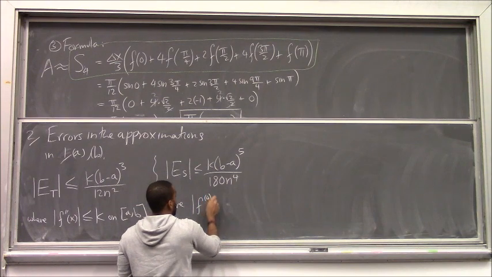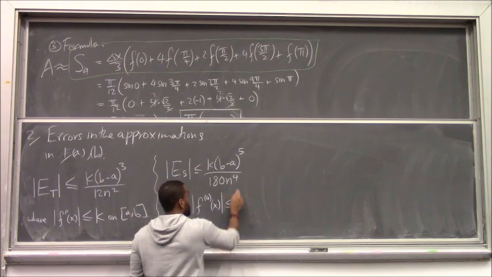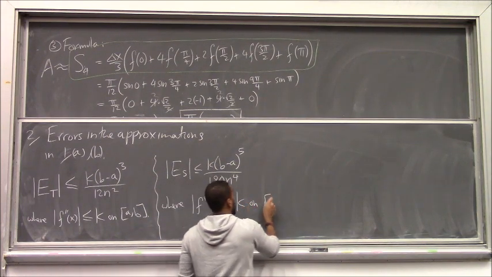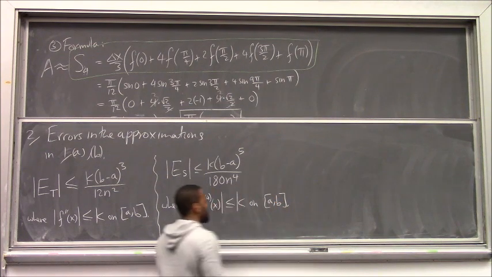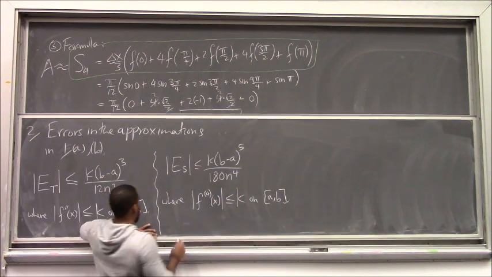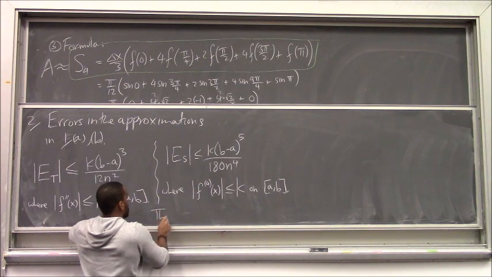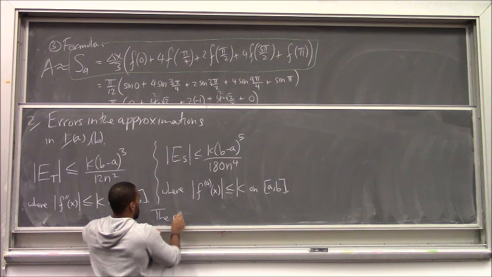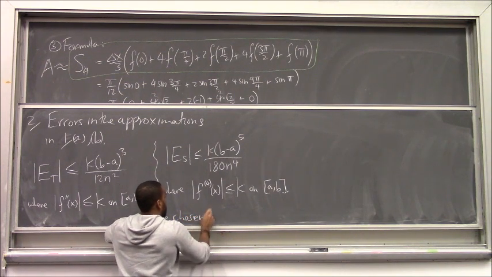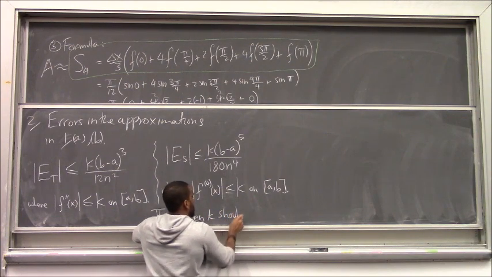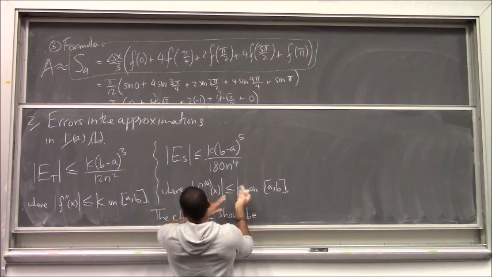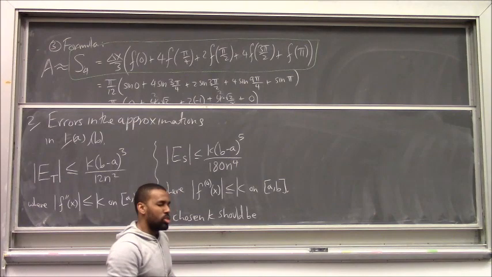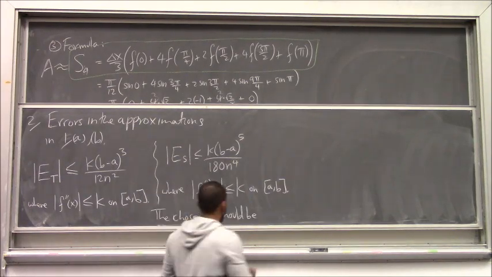The fourth derivative of your function needs to be less than or equal to K on [a, b], where again the chosen K should be minimum. You want it larger than the magnitude of the derivative, but you want the smallest guy larger than it.